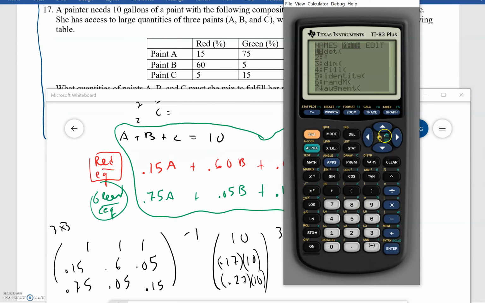Now we need to edit matrix B, which is going to be a 3 by 1. And its values are 10, and then I like to do the multiplication just within the matrix: 0.17 times 10 and 0.27 times 10. And that's matrix B. So now we're ready to do our final multiplication.